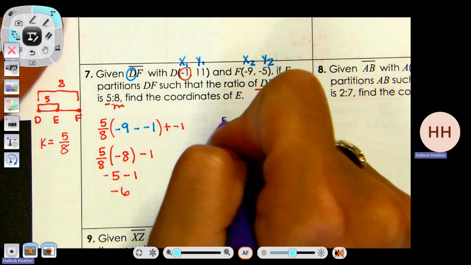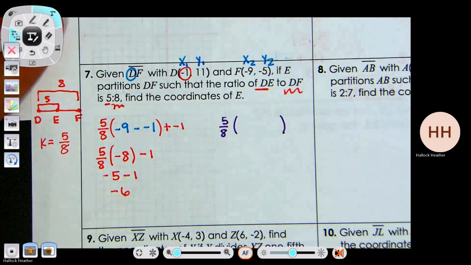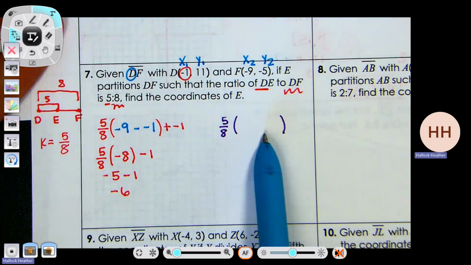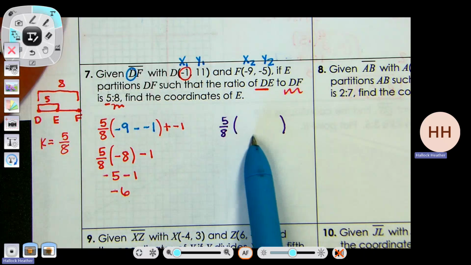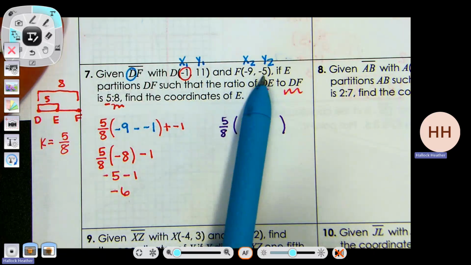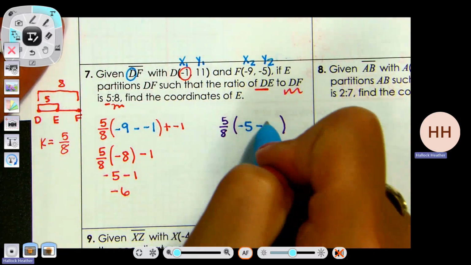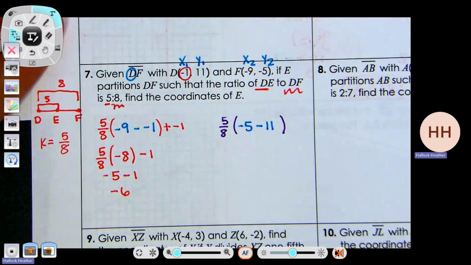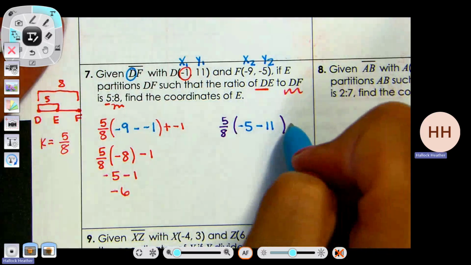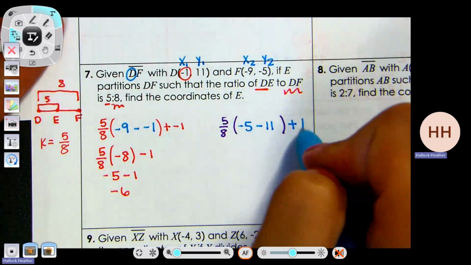We're going to do the same thing for Y. So I'm keeping my 5/8. In my parentheses, normally that's where your rise goes. To calculate rise, you're technically doing Y2 minus Y1. So I'm doing -5 minus 11. There's -16. And then I need to add where I started. Where did I start?